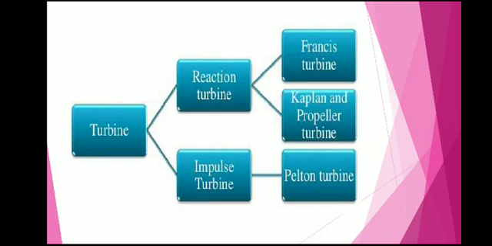So we know turbines are classified into reaction turbine and impulse turbine. In reaction turbine you have two divisions: one is Francis turbine, another is Kaplan turbine. In impulse turbine there is only one example, the Pelton turbine.